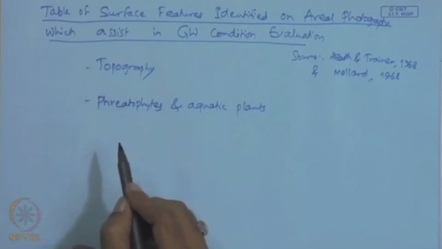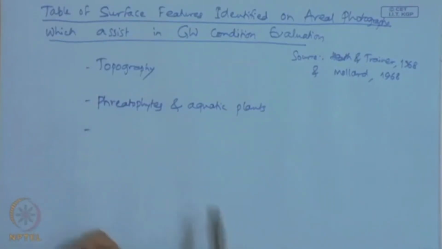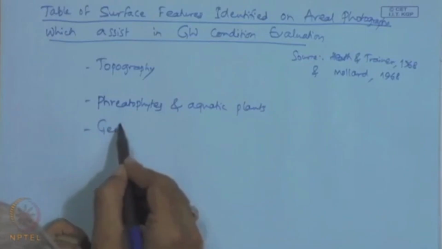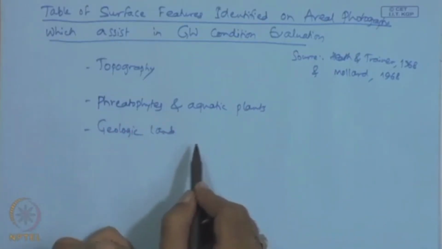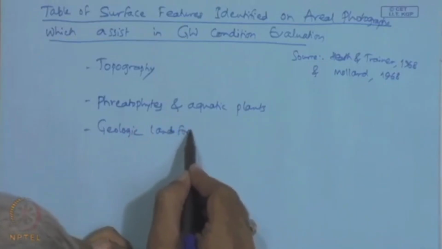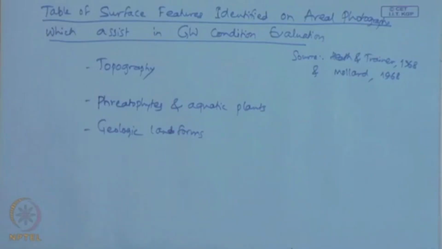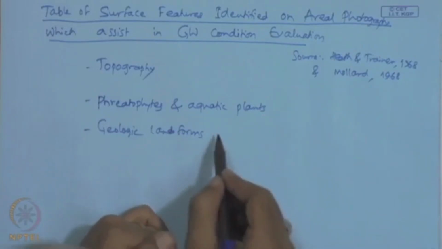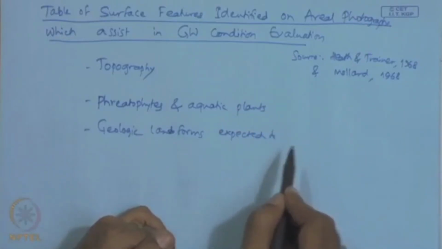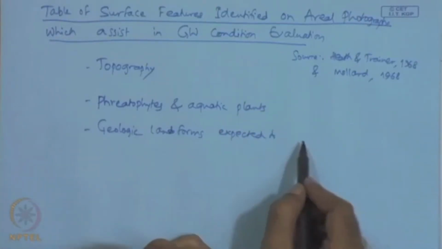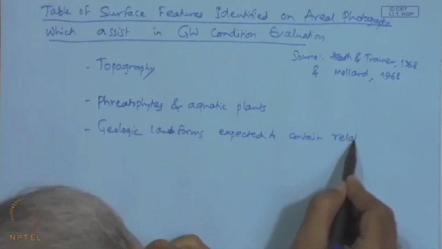Thirdly there are geologic landforms expected to contain relatively permeable strata.